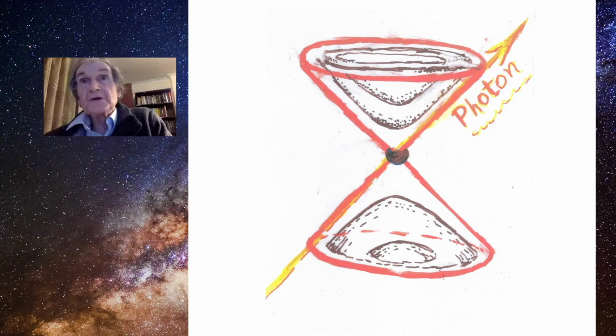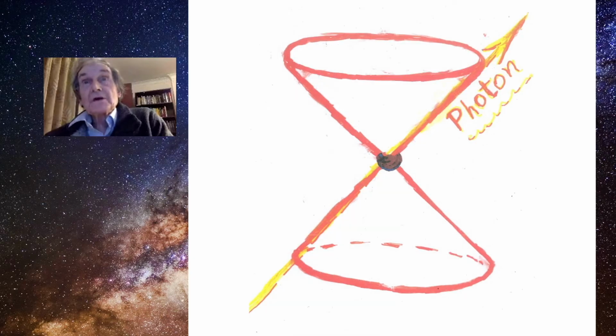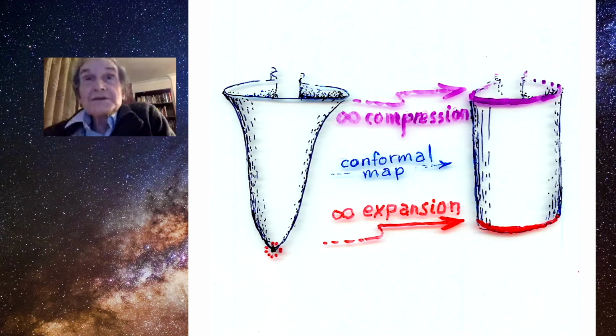What happens when you don't have mass? Well, a photon doesn't even see the surfaces, doesn't experience the passage of time at all. So as far as the photon is concerned, we don't even have the metric. You have the conformal structure. So if you have massless things, you're only interested in conformal geometry. If you're only interested in conformal geometry, then you can squash down infinity, and you can do it with a nice space-like surface.